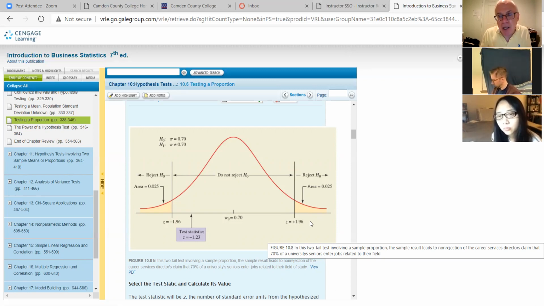The only reason I teach the p-value method is because that is what researchers use. That's what they use when they publish papers. Almost every research article you'll ever read, they're going to tell you what the p-value was.